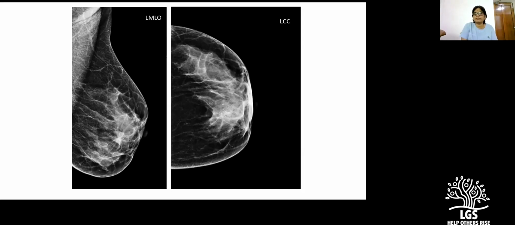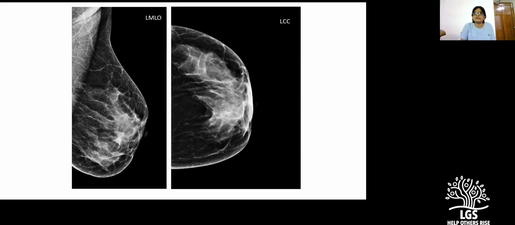When I came back here in 2007, I realized there was a lot of resistance to sentinel lymph node biopsy, and it was very difficult to get. There were some centers doing good mammograms, but on the whole it was very difficult to get good images.